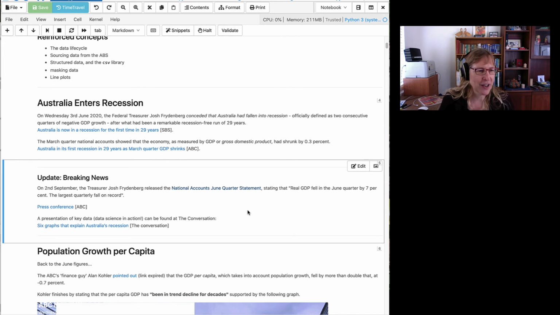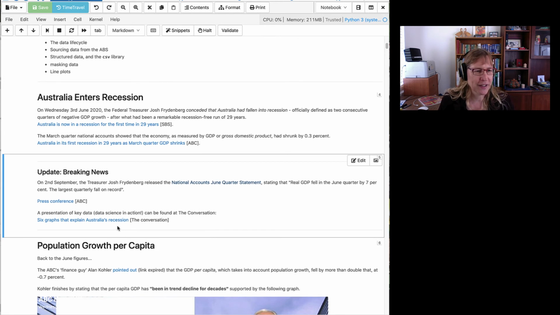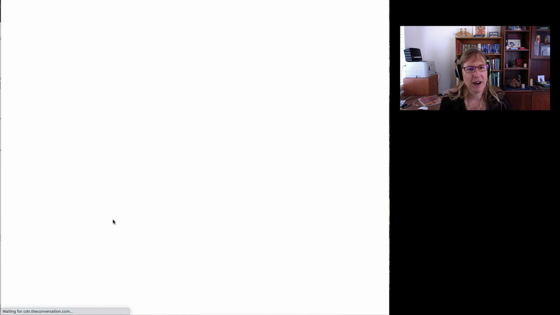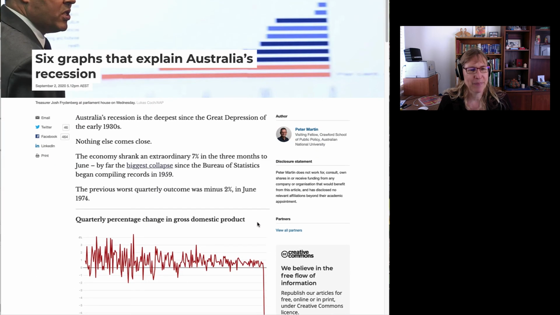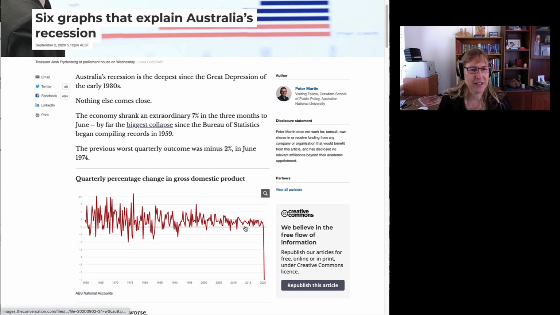I have just got a link also to an article at the Conversation, which is just, I guess, a good example of data science in action. You can see there, this is the changes in gross domestic product, and you can see how sort of unprecedented that is in terms of since here, it's only since 1960 here, so it doesn't include, for example, the Great Depression, for instance.